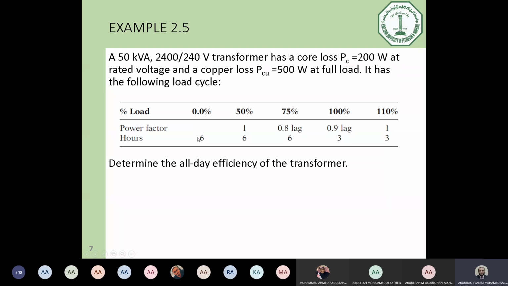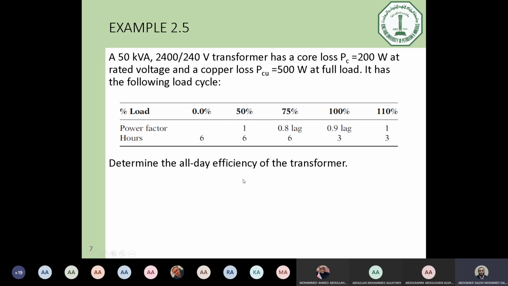As you can see, the summation here is 24 hours operation. 6 hours of them, the transformer is no loaded, and the remainder of 24 hours, the transformer is loaded with different loading factor and different power factor values. So the required here is to calculate the all-day efficiency of this transformer.